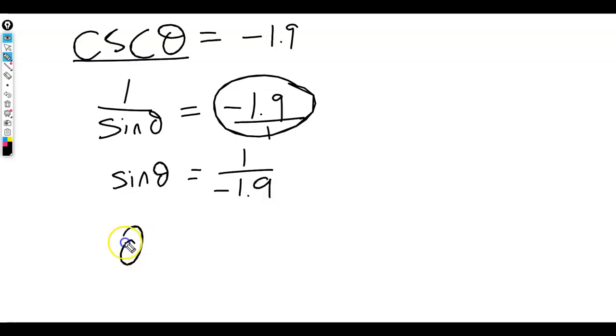And then after that, we do arc sine on both sides. So let me get my calculator out and figure that one out. Arc sine of 1 divided by negative 1.9 is negative 32 degrees.